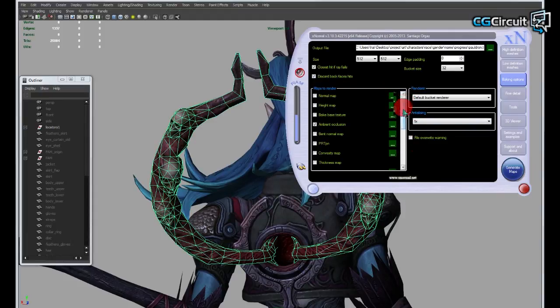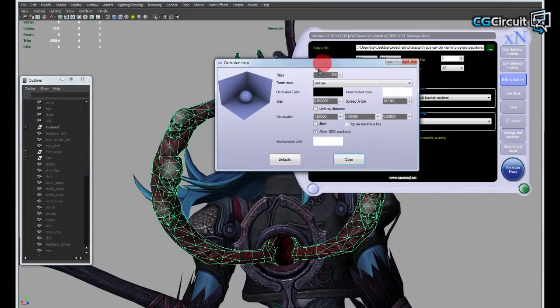And here, maps to render, just remember that there is a slider here, so there are a lot more maps to render. I remember for a long time I didn't notice this slider. And for ambient occlusion, that's what I have checked here, so that's what we'll render. If you take a look at these settings, let's go back to defaults.